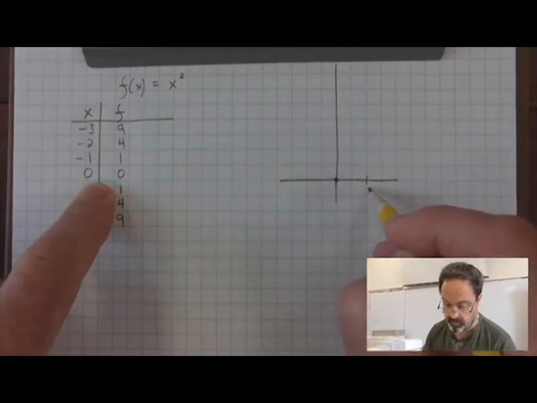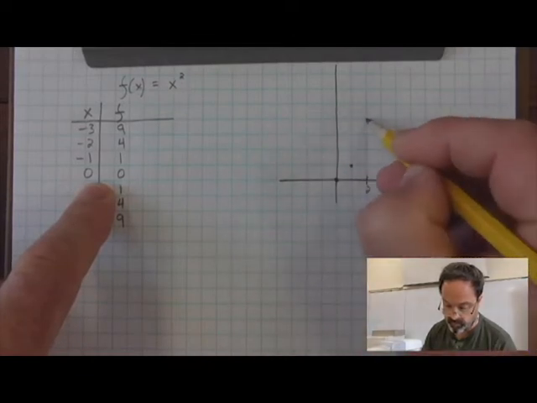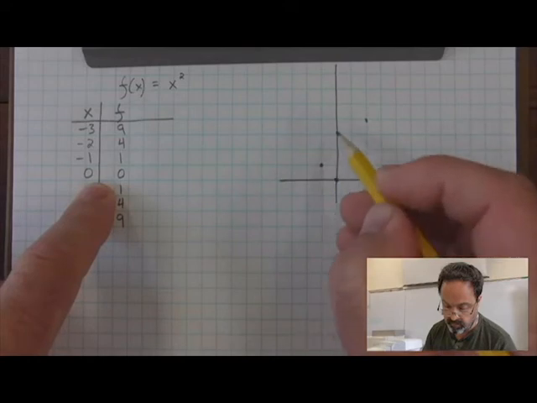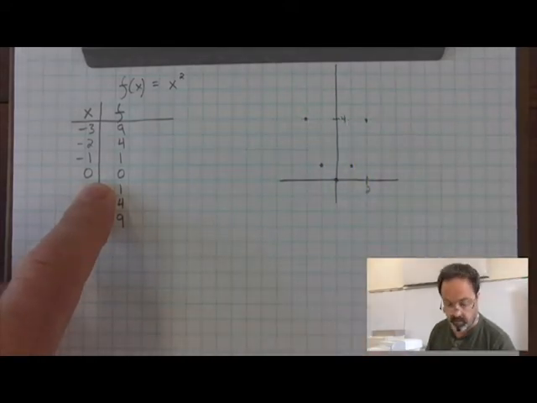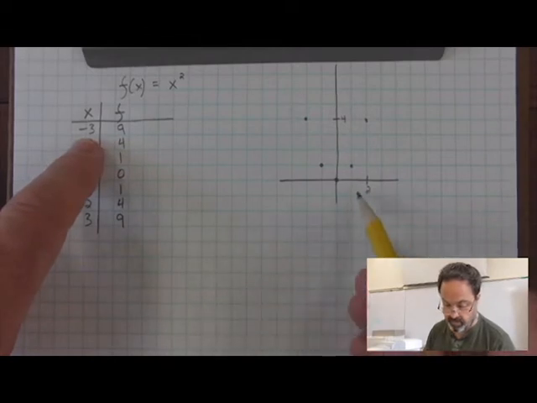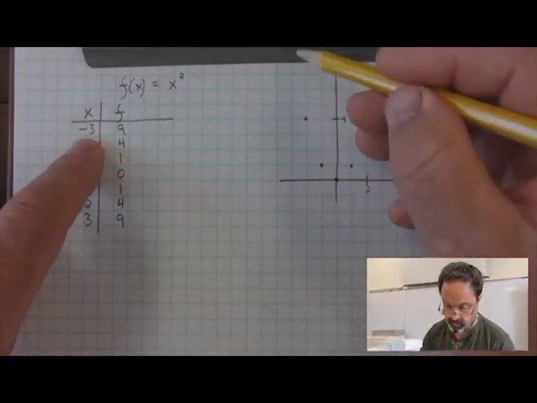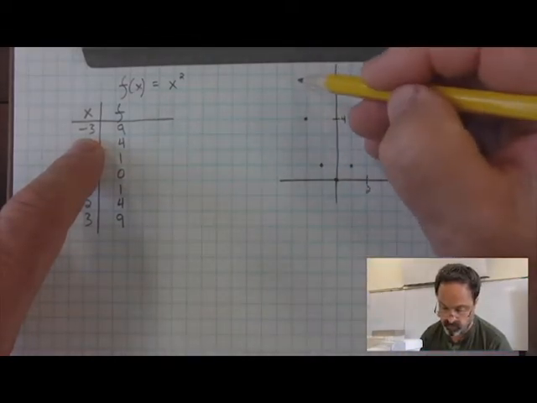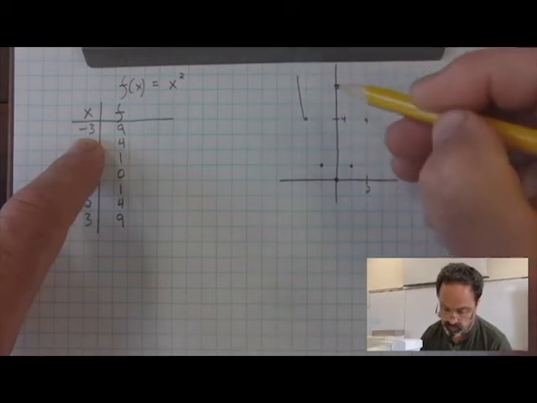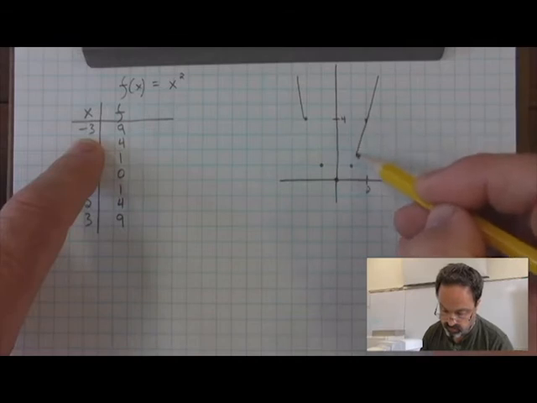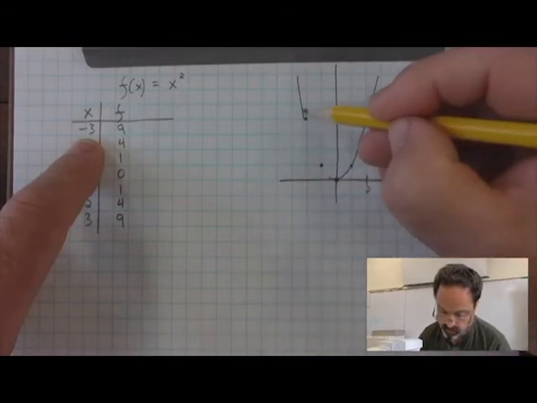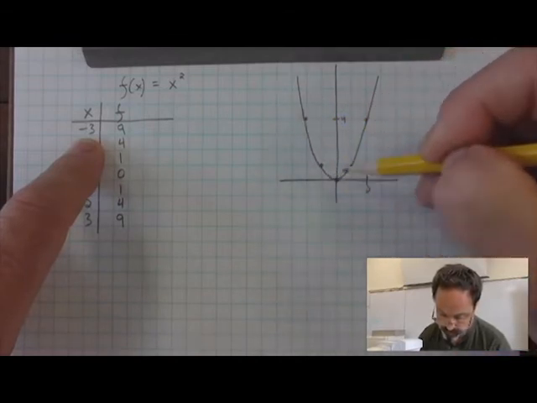And if I continue to graph these points, I can plot them like this very quickly, where this is 4. The point (-3, 9) is a little off my graph, or what I've chosen to present here. That's okay. I'm going to connect the points that I can see with that familiar parabolic curve.